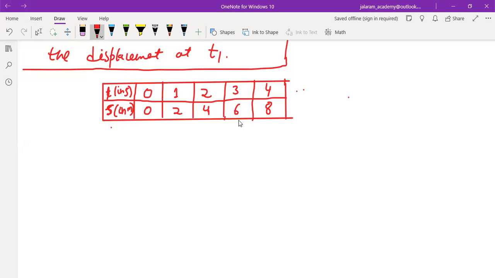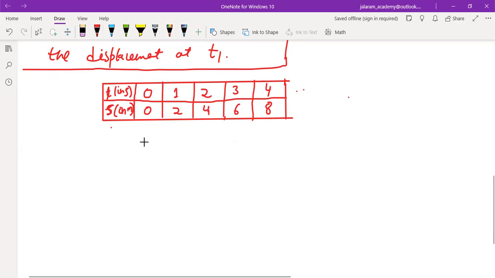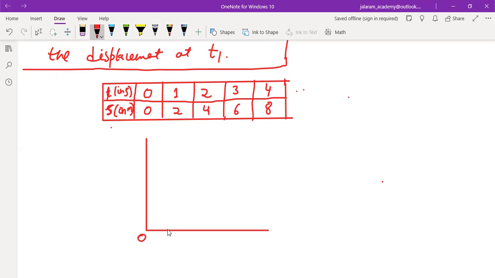So we draw a graph showing all these times.